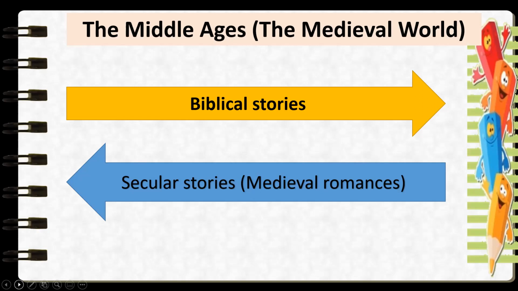And then we also have secular stories, medieval romances. So these are stories about chivalry, stories about the nobles, stories about the kings and queens, the heroes, the soldiers. So these are what they call medieval romances. Stories about war, yan, yung stories nila before.